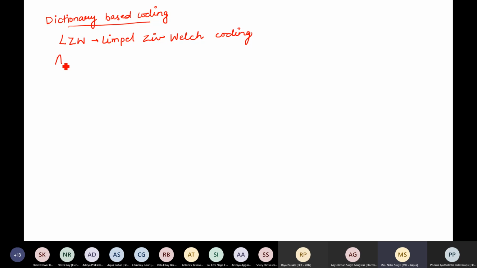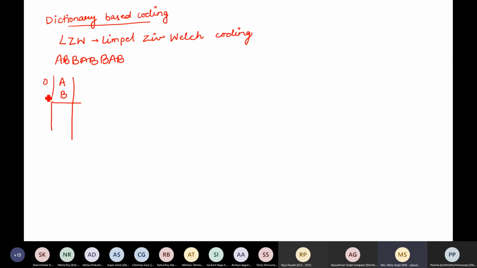For example, suppose I need to send this. I have only two symbols, fine. But suppose I have my dictionary.